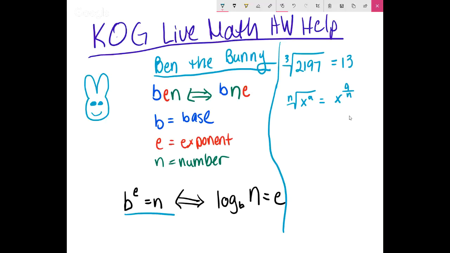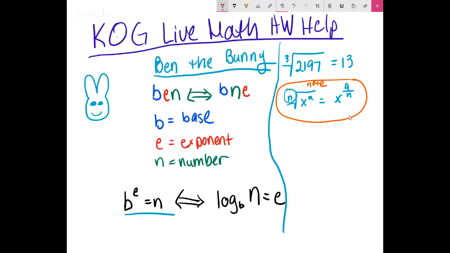So whatever the exponent is on the inside, that goes in the numerator of the new exponent, and whatever the index, that number on the outside part of the root, goes in the denominator of the new exponent. So following this, let me circle that as a little note.